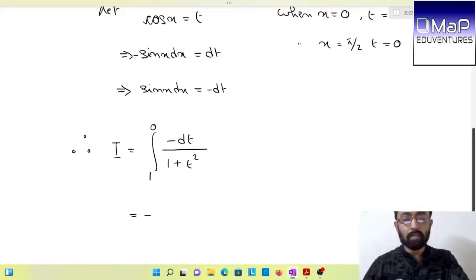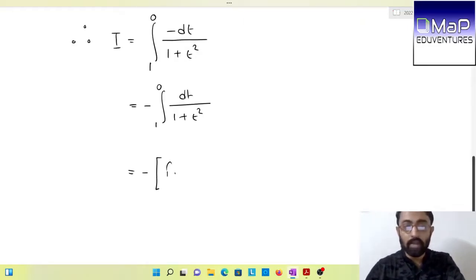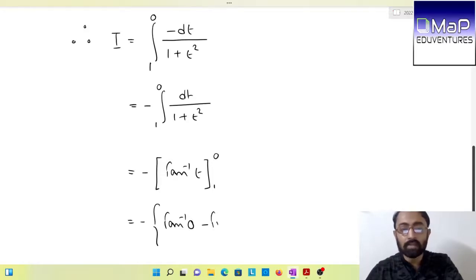Now taking that minus out, we will have integration from 1 to 0 of dt by 1 plus t square. Now what is the integration of dt by 1 plus t square? Directly we get the formula tan inverse t from 1 to 0. Putting the upper limit and lower limit, we will have tan inverse 0 minus tan inverse 1.